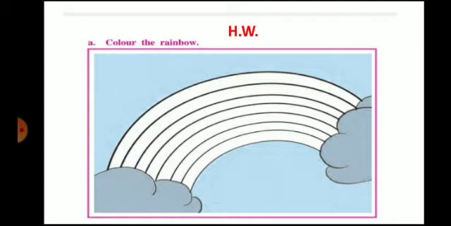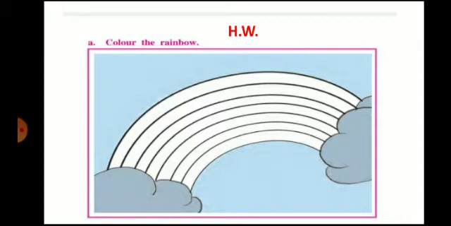What is the sequence of the rainbow? At the bottom you have to start with violet, indigo, blue, green, yellow, orange and red. The way Sakshi has started the colors. So colors are also given there. So you have to color it accordingly.